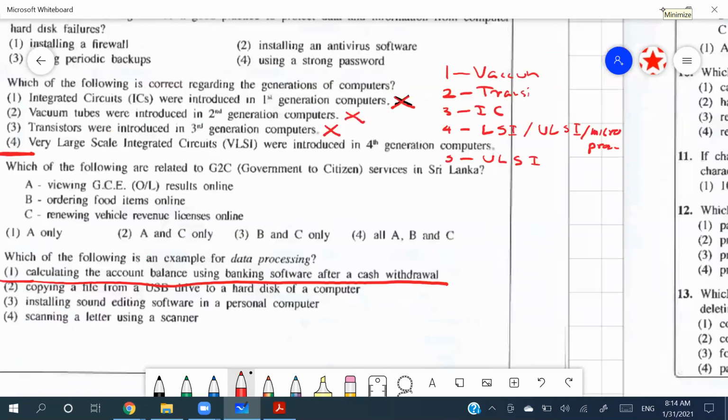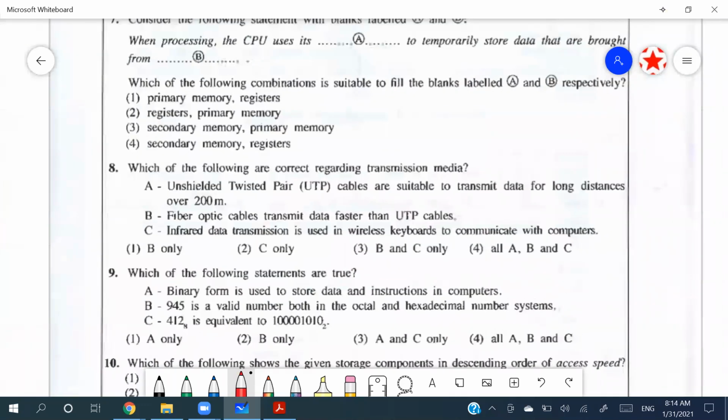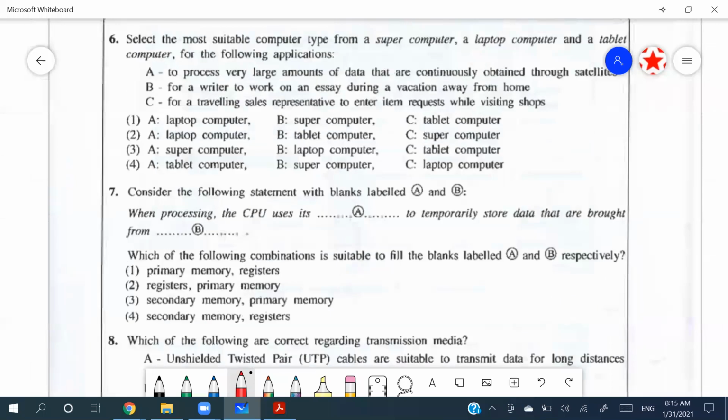So moving to the seventh question. Yes, this is another one that you people get lost with. Here they are talking about when processing, the CPU uses its blank to temporarily store data that are brought from a blank. Since they are talking about temporary storing, it is regarding some memories, right?